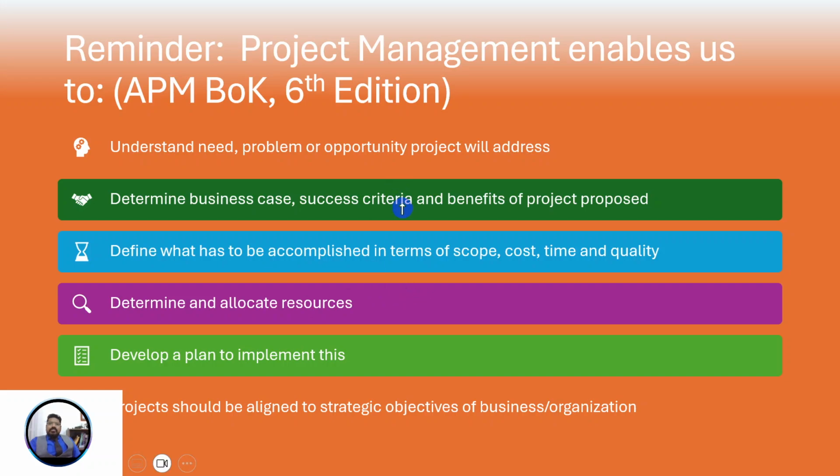Needs assessment, then you have feasibility study, then you define business case, benefit realization, define what has to be accomplished in terms of scope, cost, time, and quality, determine allocation of resources, develop a plan to implement this, and projects should be aligned to strategic objectives of the business and organization.